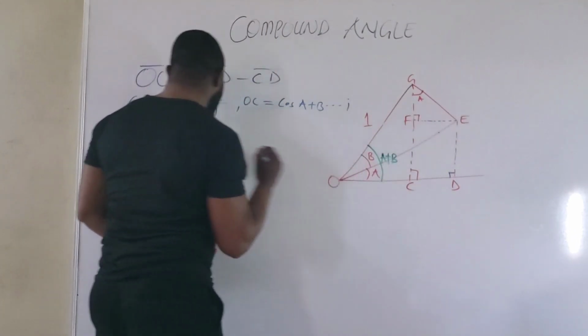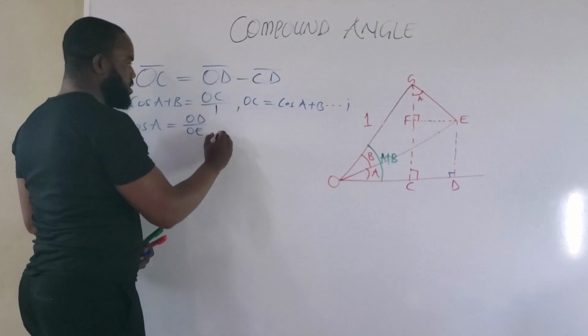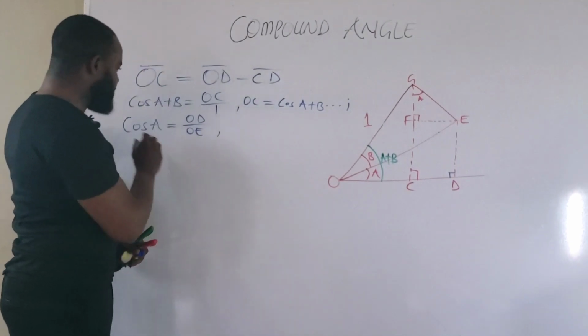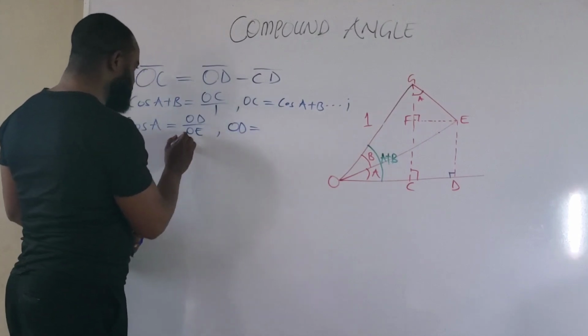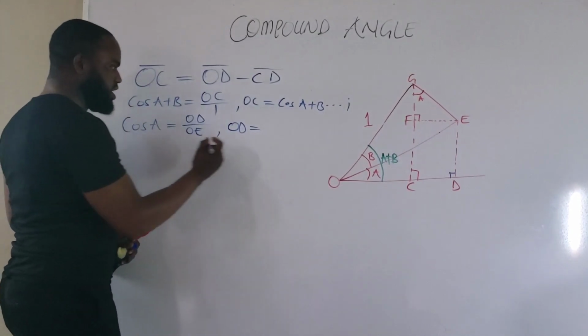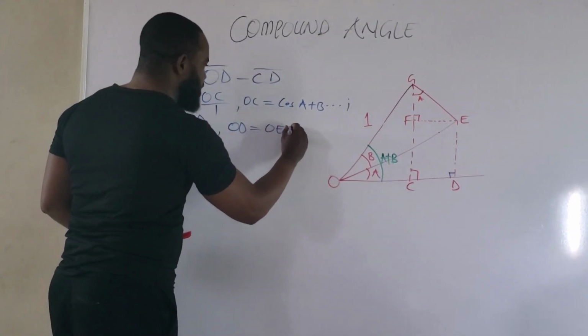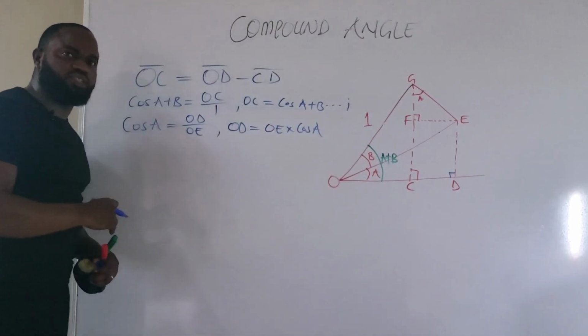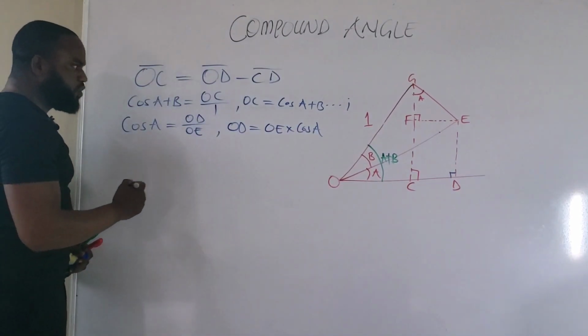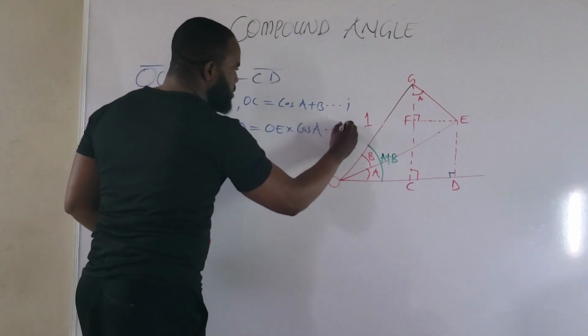The hypotenuse is OA. Now, from this, we can proceed and say OD equals the product of OE and cos A. So we have OE multiplied by cos A. Let us call this 2.